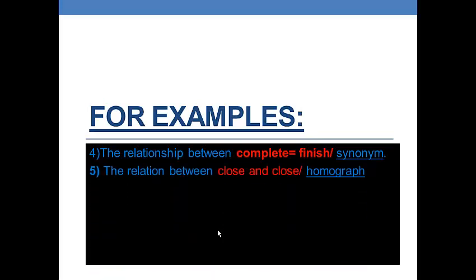Alright? Okay, so we go ahead to example number 5. Now, the relationship between close and close, it's the same word. In linguistics, it's called a homograph, because the word homograph comes from the Greek language, and we combine two words, homo and graph.